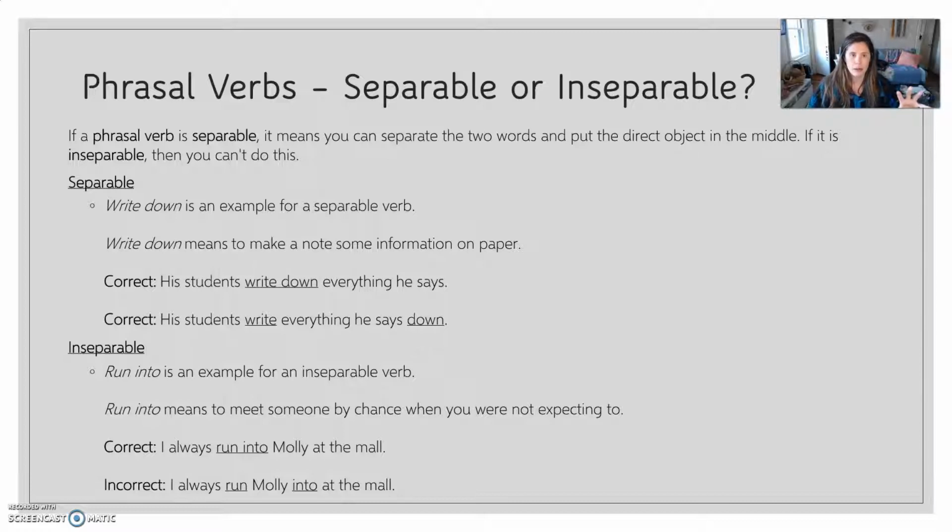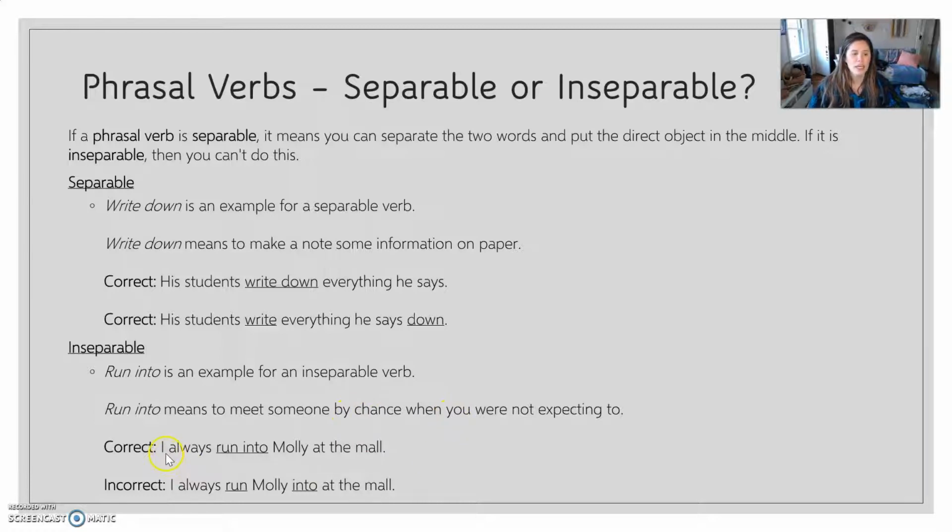So again, knowing whether a phrasal verb is separable or inseparable is something that I can't give you a rule for, right? That's something that is specific to each phrasal verb. But an inseparable phrasal verb would be something like run into, okay? And we'll look in a minute at a figurative and a literal meaning, right? Run into, figuratively, means to meet someone by chance when you are not expecting to.